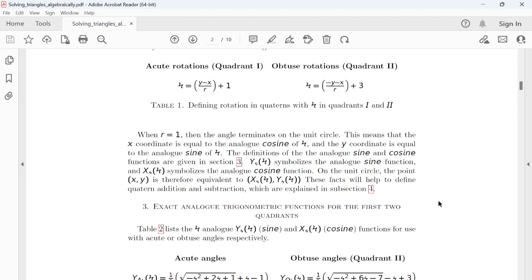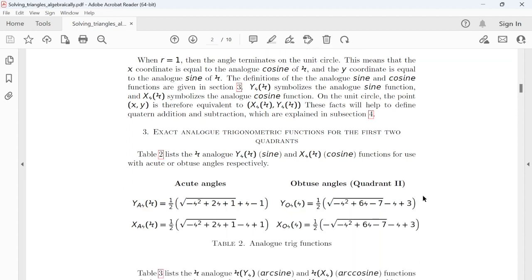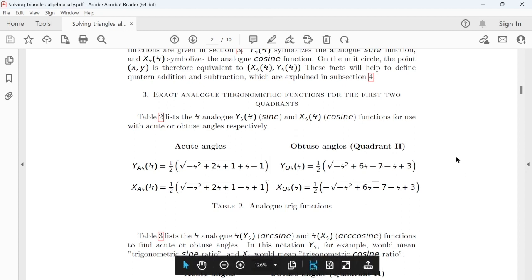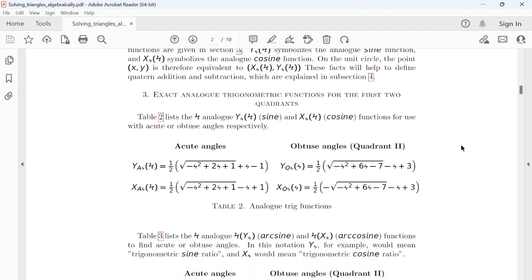As I said, calculating sine and cosine in terms of quaterns is algebraic. It is not a transcendental function. Traditional trig functions and inverse trig functions have to be done as truncated infinite sums, and that is not the case with quaterns. You have exact algebraic expressions for sine and cosine.